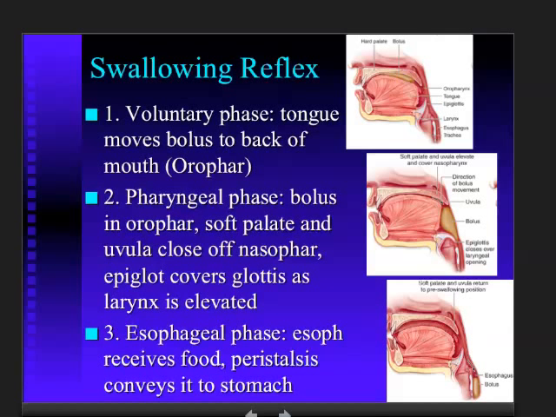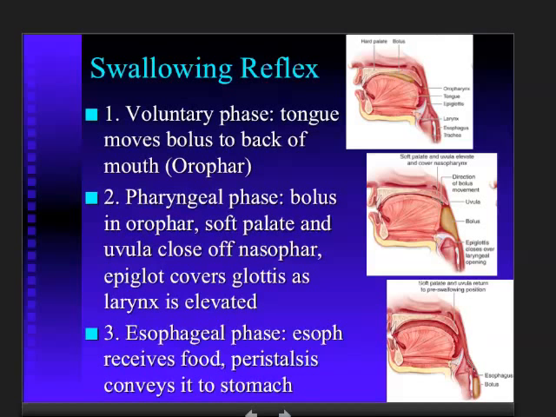And as they raise the larynx, what happens? The glottis meets the epiglottis, and you close off the airway. When you swallow, the larynx goes up to meet the epiglottis, puts the lid on it so you don't take that food down into your lungs.